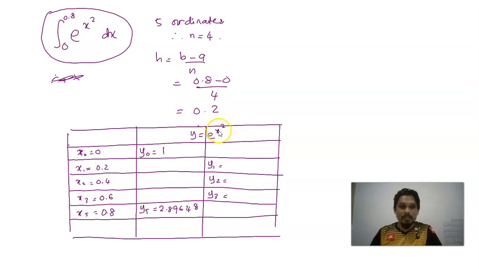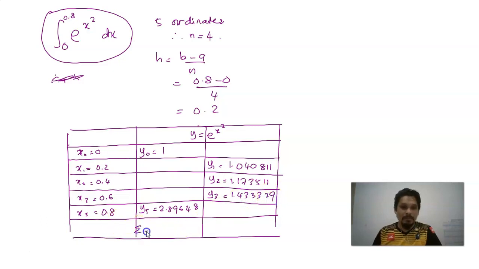So substitute 0.2 here. Then 0.2 squared is 0.04. E to the power of 0.04 here is 1.040811. Here 1.173511, and this one here 1.433329.